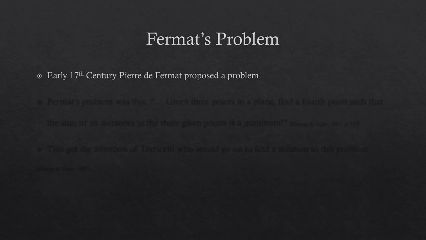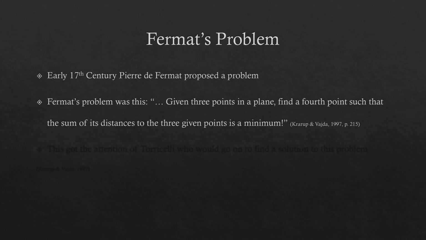In the early 17th century, another scientist named Pierre de Fermat proposed a problem. His problem was this: given 3 points in a plane, find a fourth point such that the sum of these 3 distances to the 3 given points is a minimum.